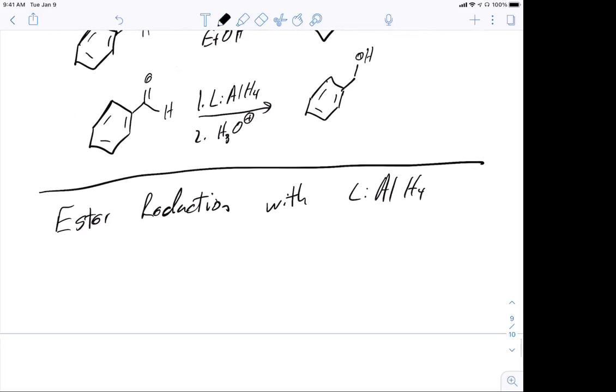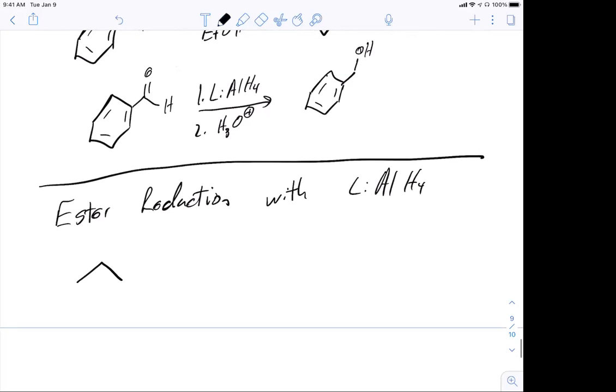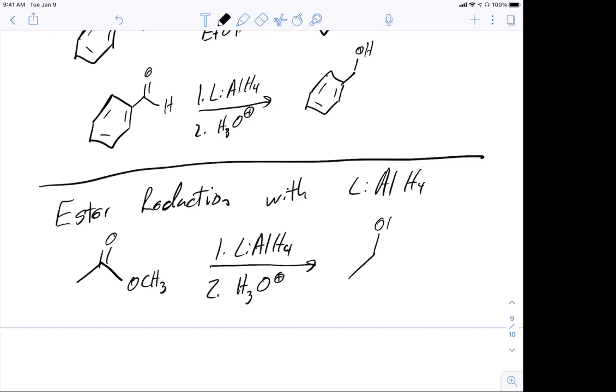With esters, remember an ester is a carbonyl with an alkoxide group attached. So we have the carbonyl oxygen plus the oxygen carbon. We can reduce this to the alcohol.